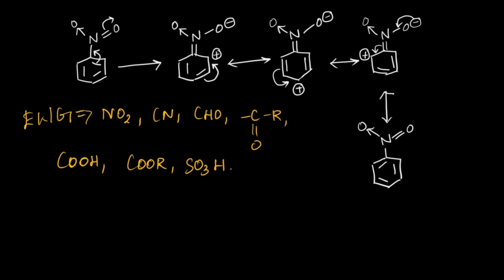They withdraw electrons from the benzene ring, which leads to electron deficient sites on the ortho and para positions. So comparatively, meta becomes electron rich, which makes the incoming electrophile attack the meta position.